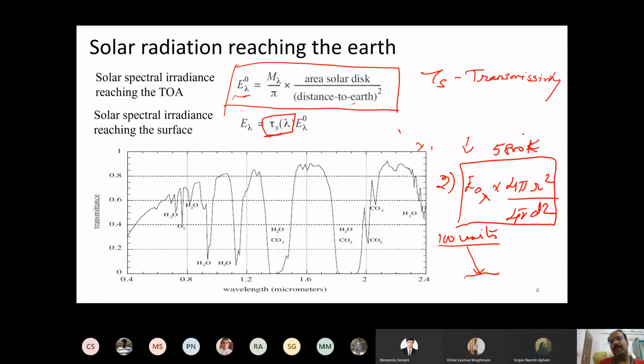The actual formula should have 4 pi because energy is going in all directions. But in that particular equation, rather than treating it as a sphere, they have treated it as a circle. So the area of circle will be pi r square. Distance also you can treat as pi into d square. But that will make the total answer 4 times the actual value.